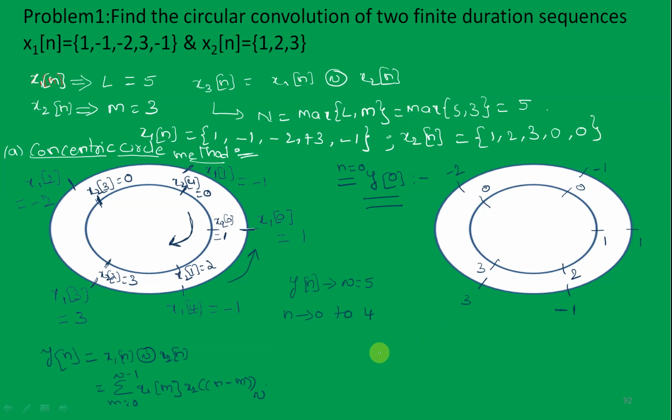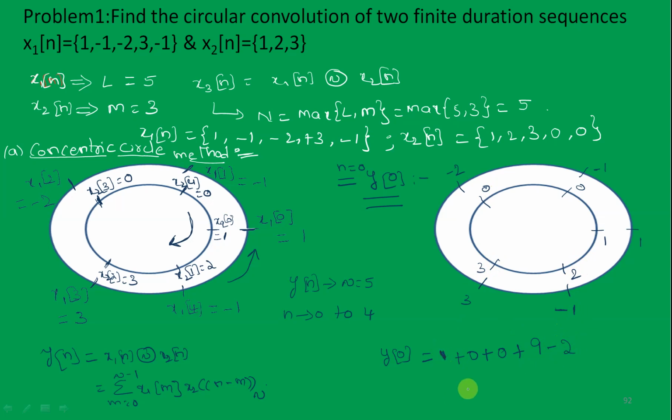So what is y of 0? Take the product of all the corresponding samples and then take the sum. 1 into 1 is 1, 1 into 1 is 1, plus 0 into minus 1 is 0, minus 2 into 0 is 0, 3 into 3 is 9, 2 into minus 1 is minus 2.